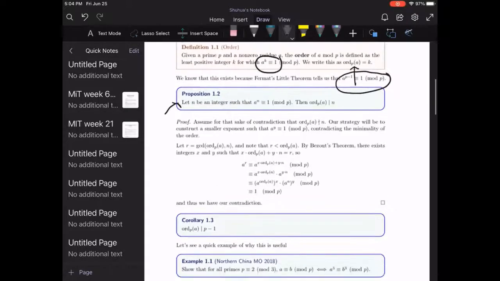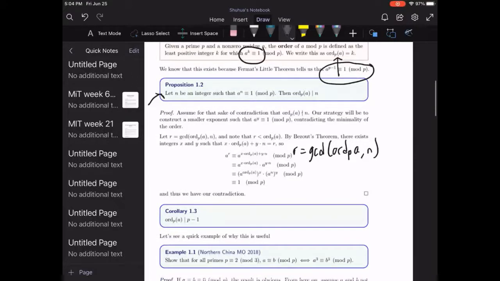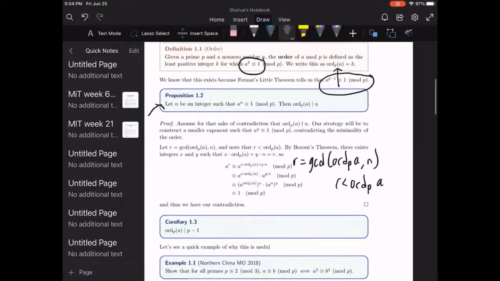We'll do this by using Bezout's theorem. First note that if we let the GCD of the order mod p of a and n be r, then we know that r is less than the order mod p of a. This is because of our assumption that order mod p of a does not divide n.